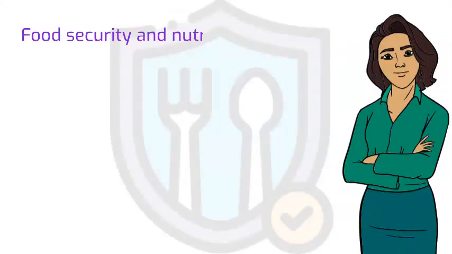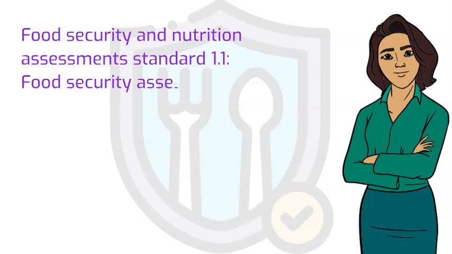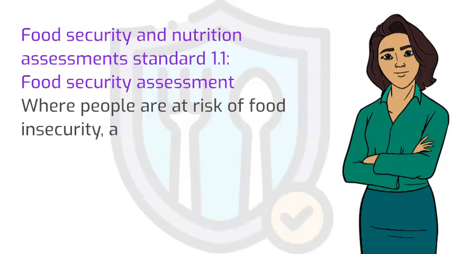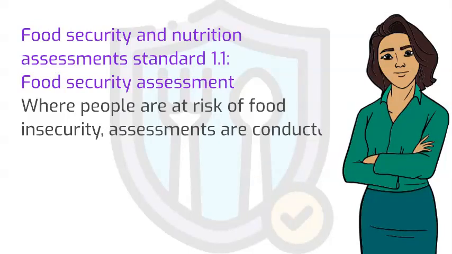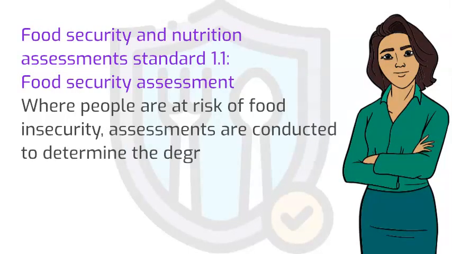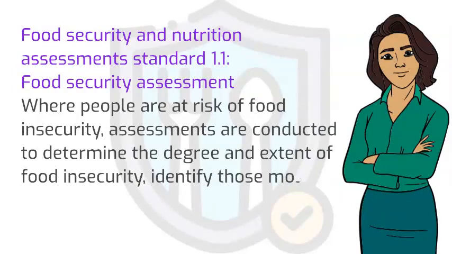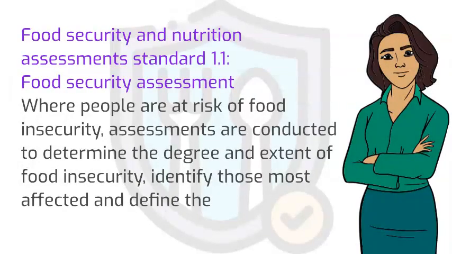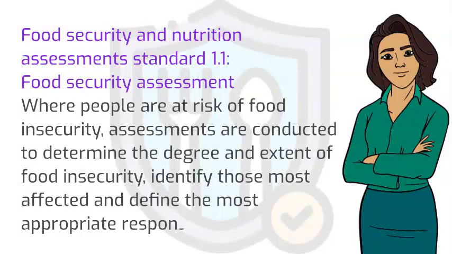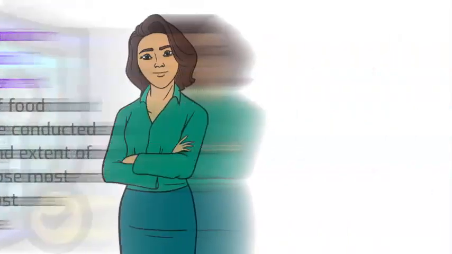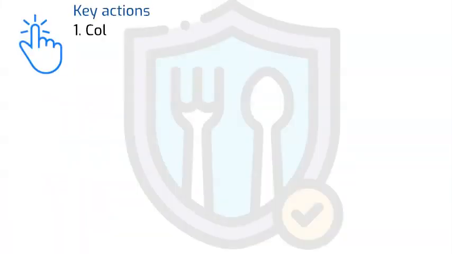Food security and nutrition assessments, Standard 1.1. Food security assessment. Where people are at risk of food insecurity, assessments are conducted to determine the degree and extent of food insecurity, identify those most affected and define the most appropriate response. Key actions. 1.